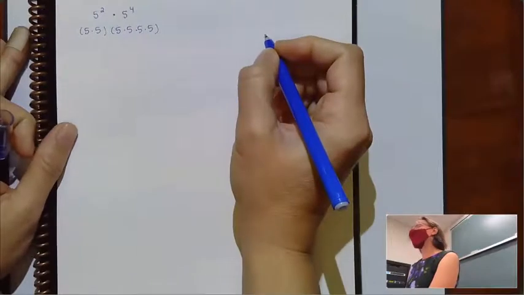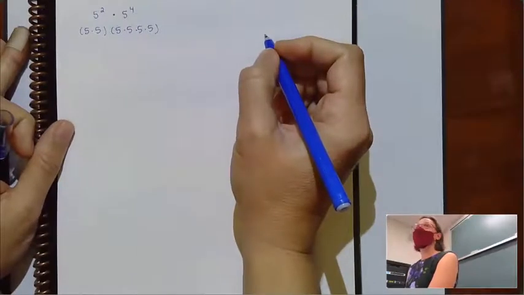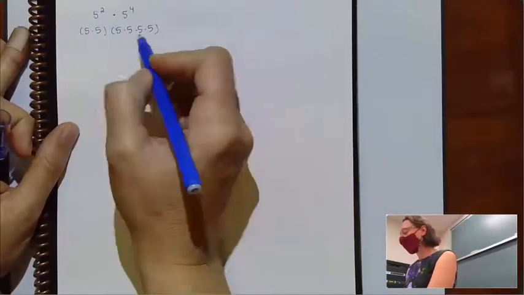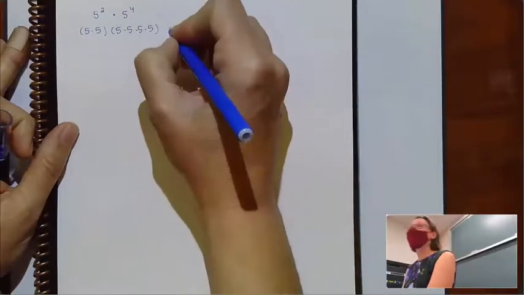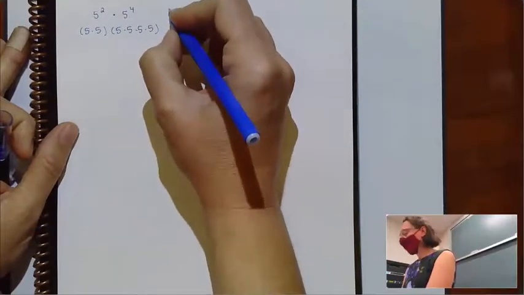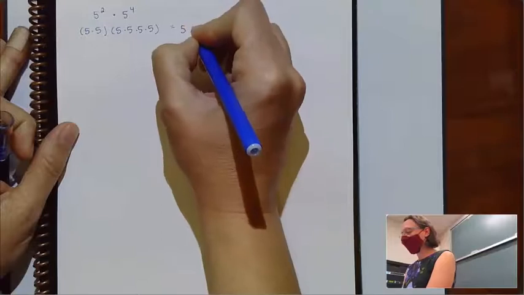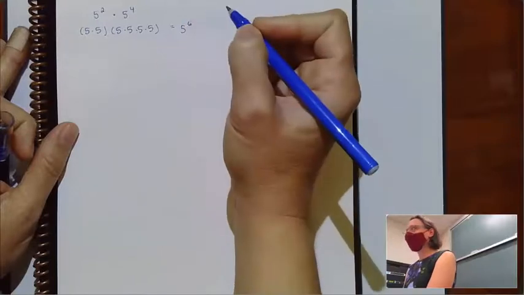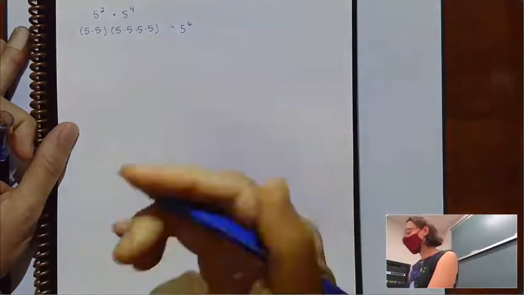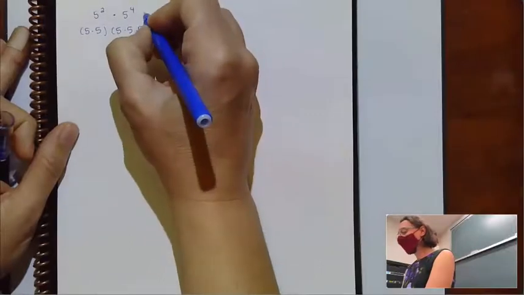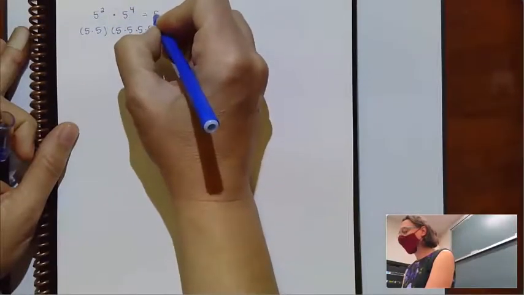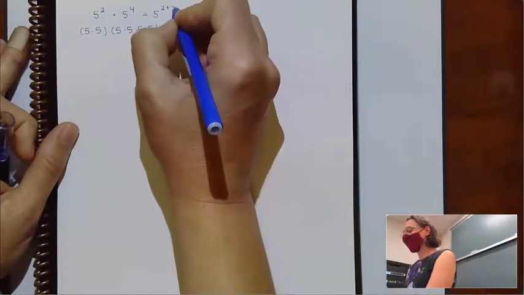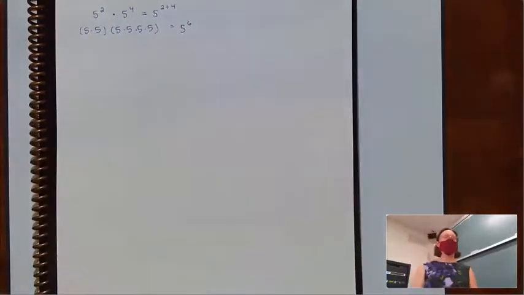So that's a total of 6 of those 5s altogether, which means I can shorthand write that as 5 raised to the 6th. And then we talked about the shortcut to get there, which is to see this as 5 raised to the 2 plus 4. And that's really fundamentally what our additive law of exponents is.